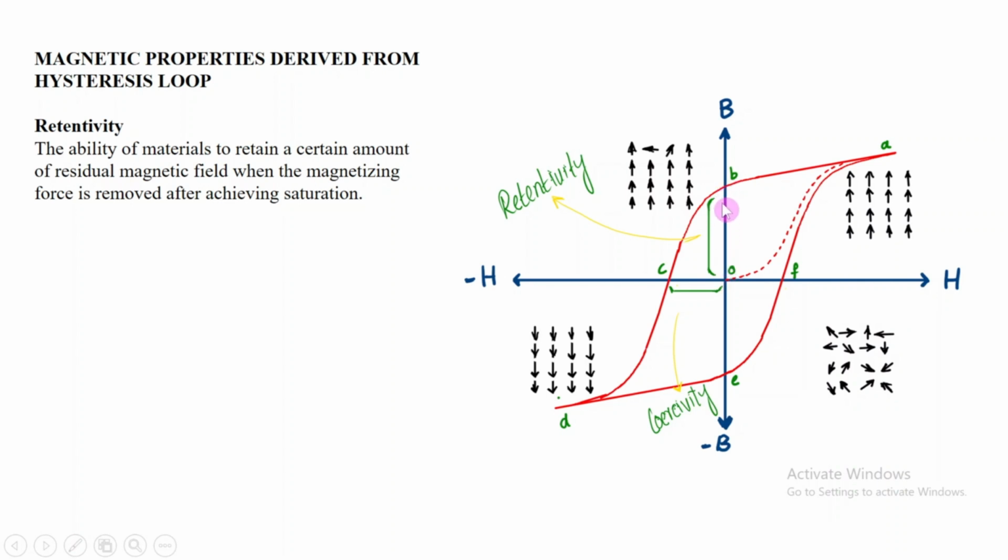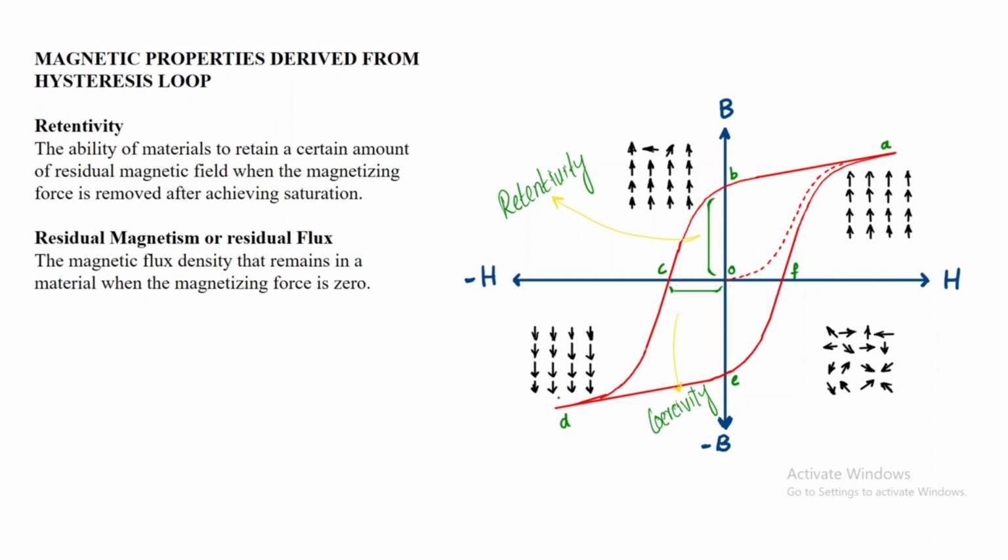How much magnetism it retains is called retentivity: the ability of the material to retain the magnetic field even if we zero the external magnetic field.